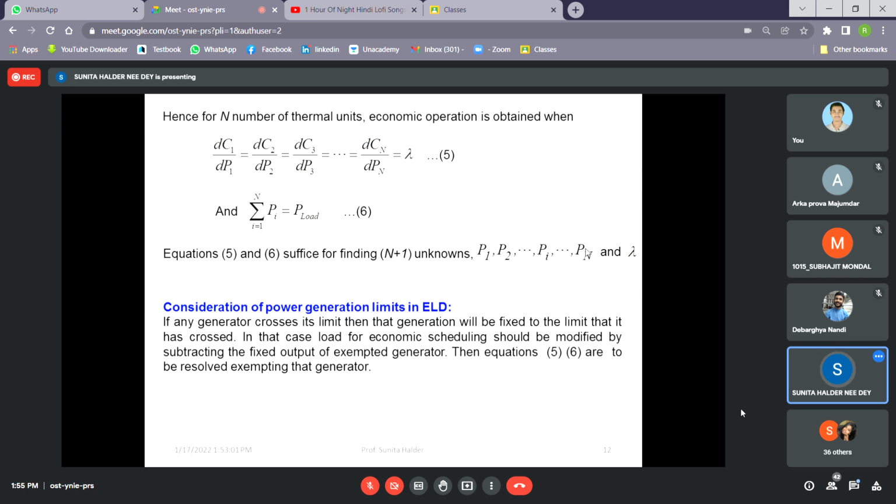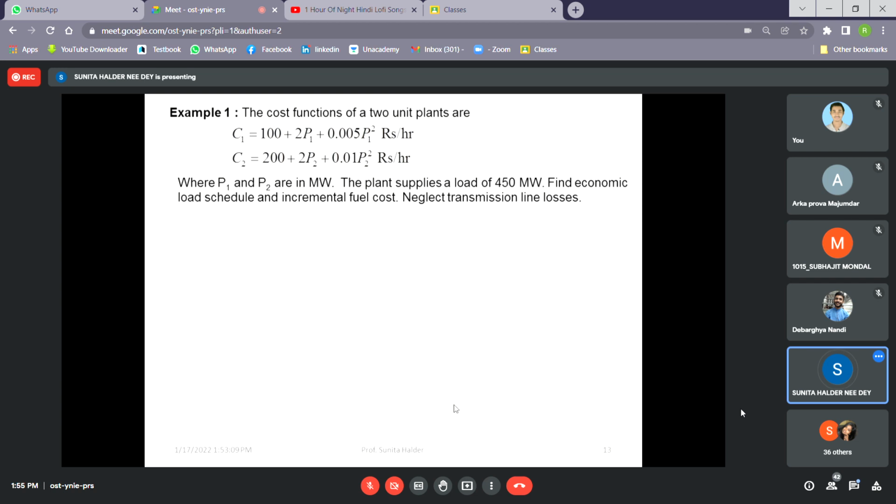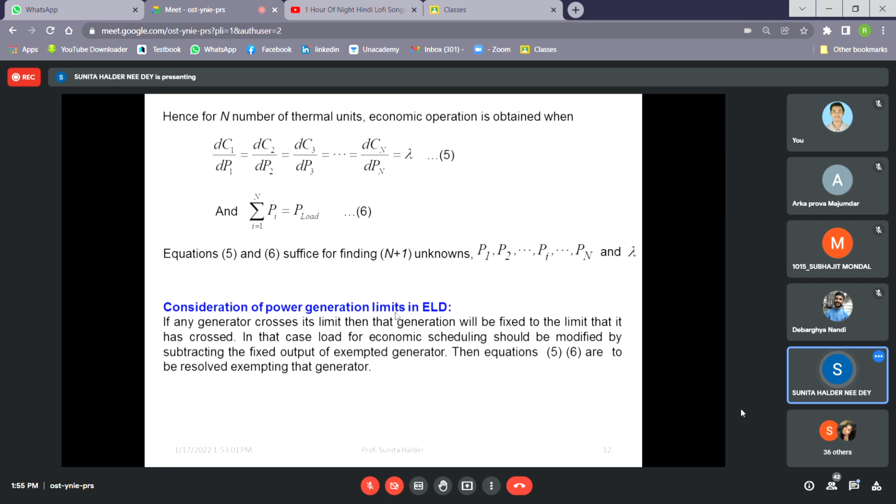In that case, we have to search for new solutions, right? How? Say within these n generators, for the ith generator, you are getting a solution less than Pi min, right? Less than Pi min is not possible.